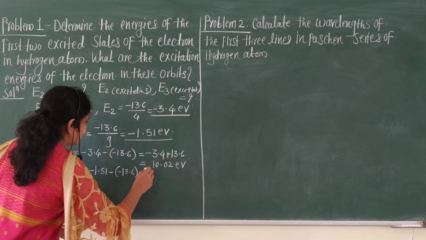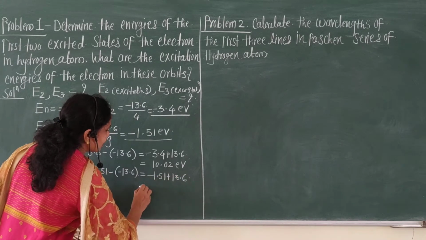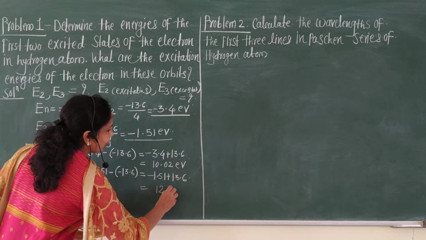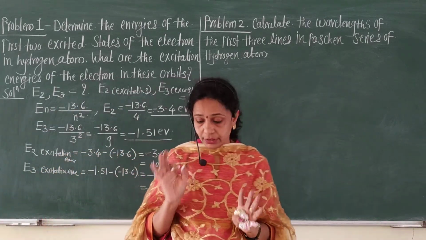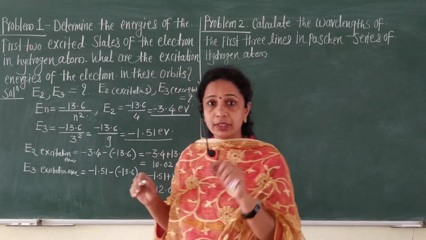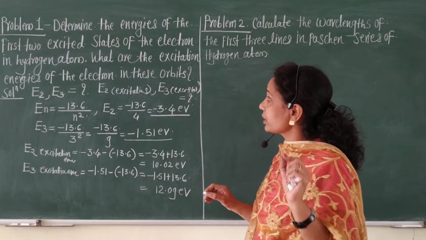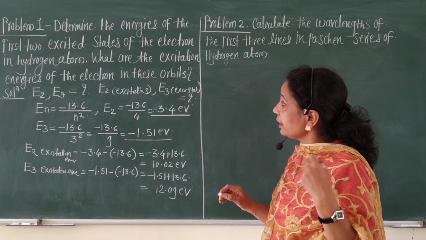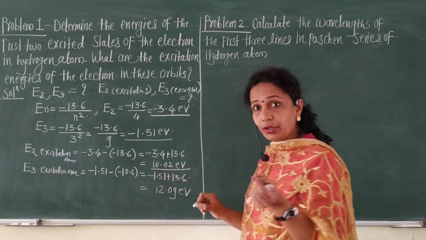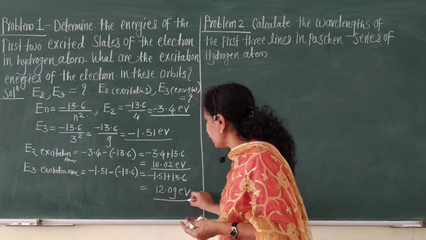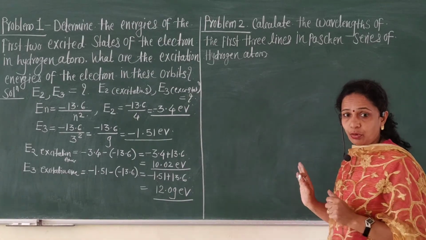Therefore, this becomes minus 1.51 plus 13.6, which is 12.09 electron volt. Therefore, these are the energies of the first two excited states of the electron, and the excitation energies are 10.2 electron volt and 12.09 electron volt. Okay, now next problem.